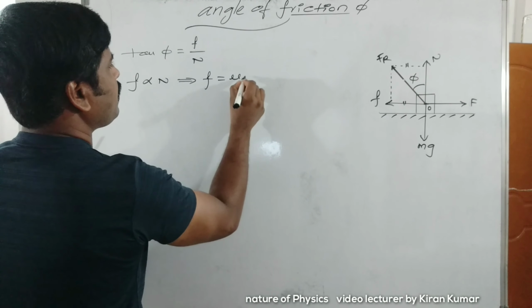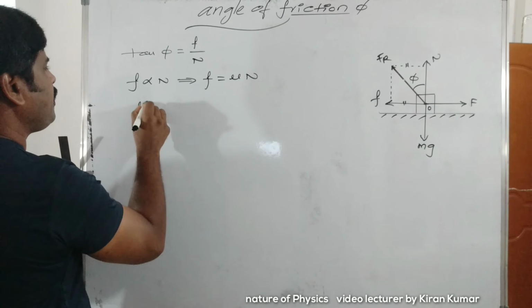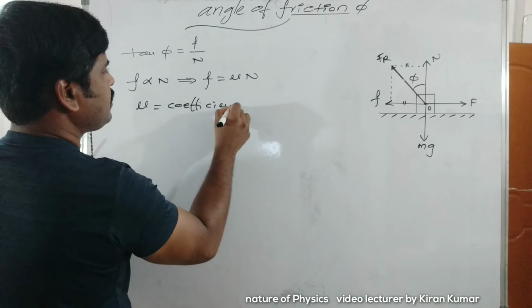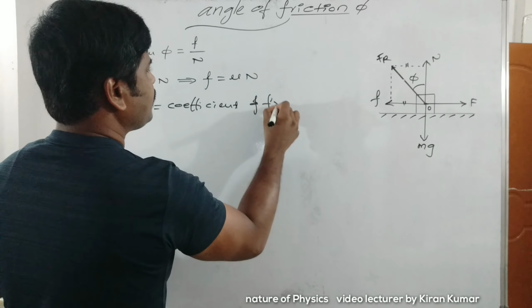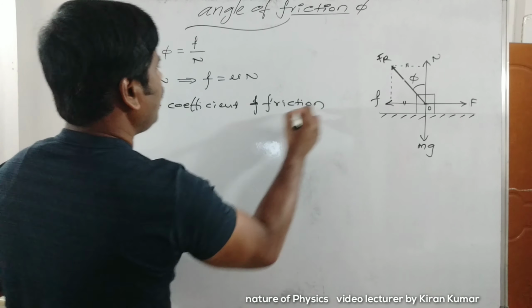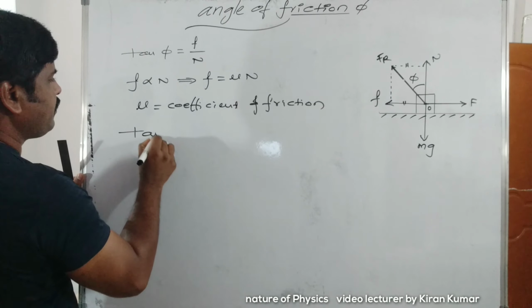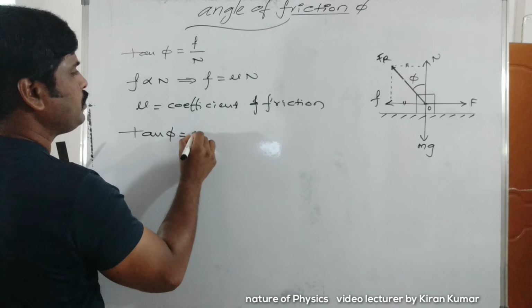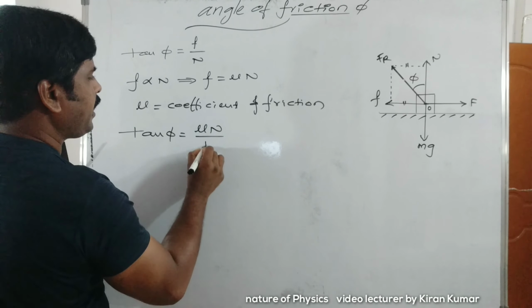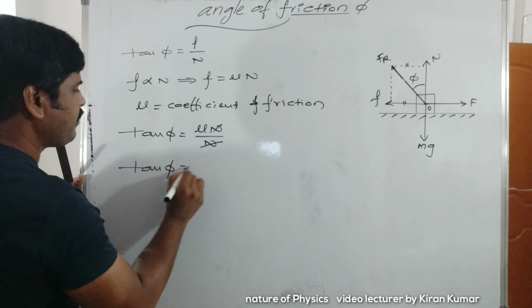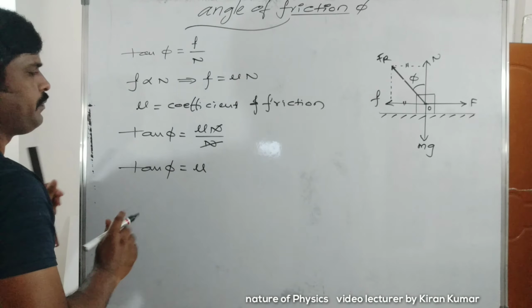Frictional force is equal to mu into N, where mu is the coefficient of friction. Now the value is replaced in the above equation. Tan phi is equal to mu N divided by N, where N gets cancelled. Now tan phi is equal to mu.